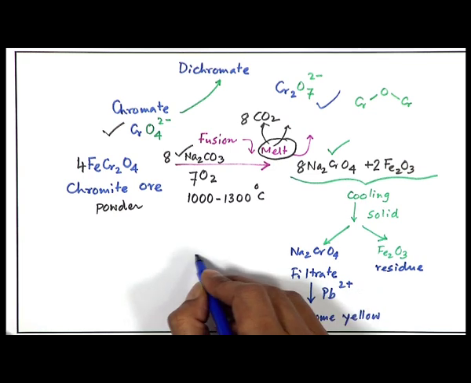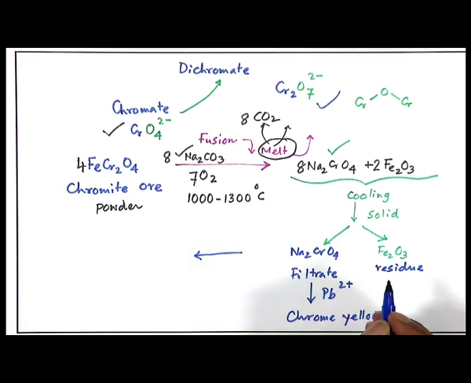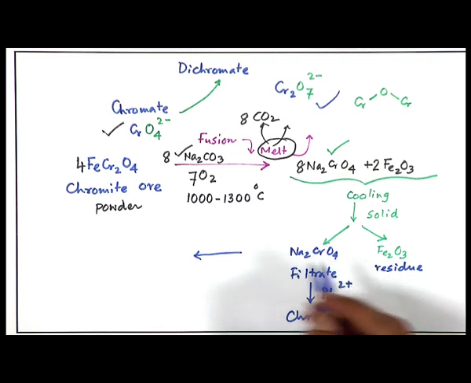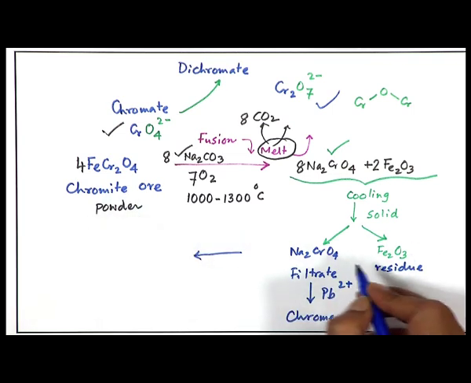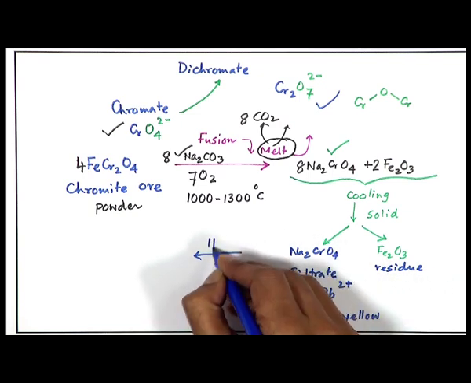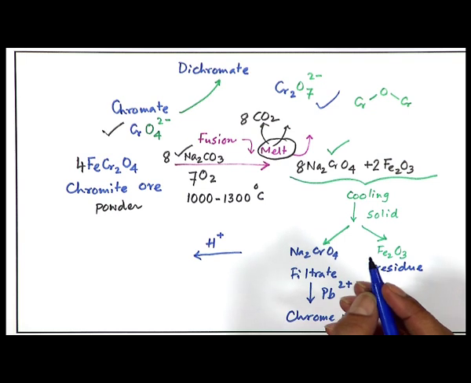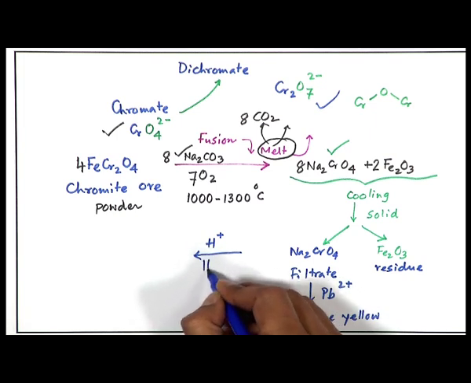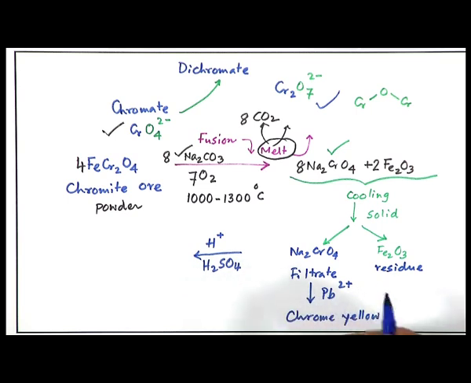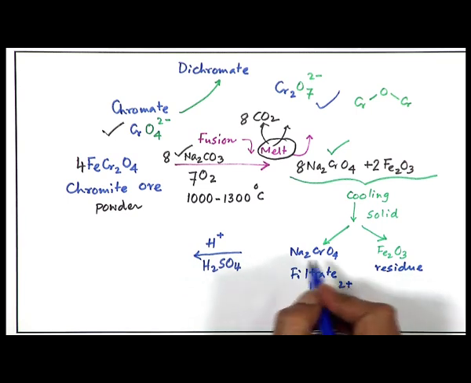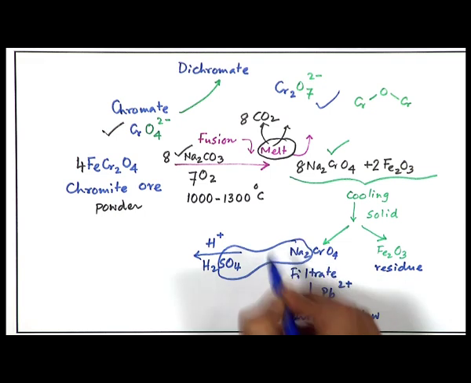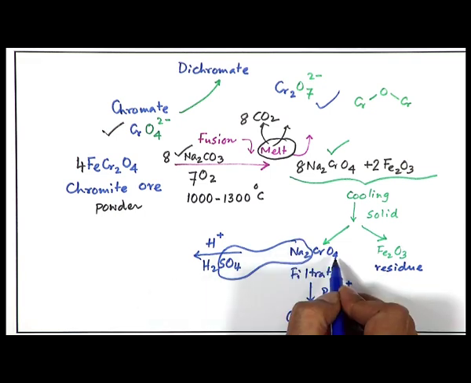Because this is a typical oxide coming from an oxide mineral like chromite, in the presence of acid H+, most of these react. We basically try sulfuric acid. Once you add sulfuric acid, the sodium is taken out as sodium sulphate, and this initially gives rise to chromic acid, and that chromic acid will be condensed together.